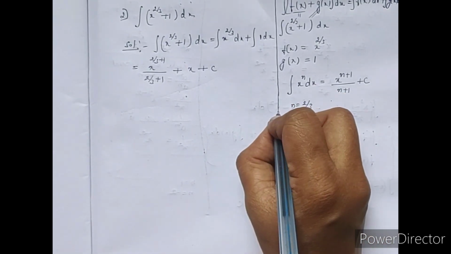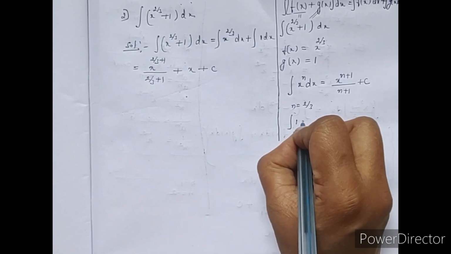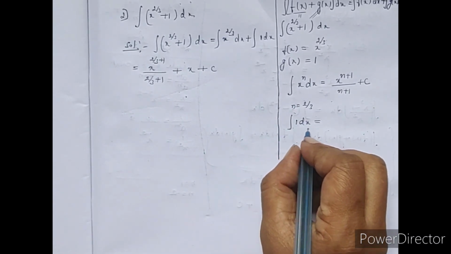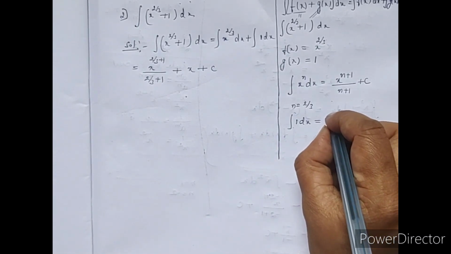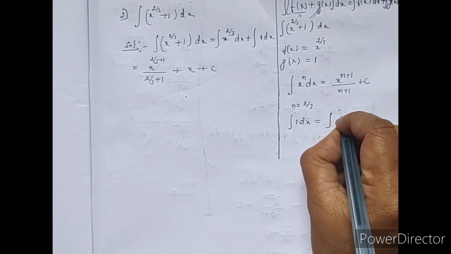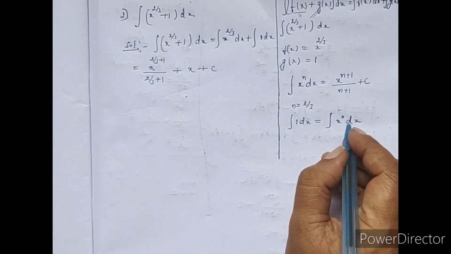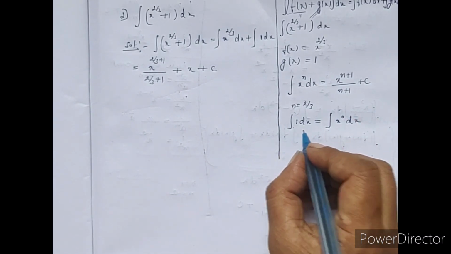Or else if we get confused with the integration of 1 dx, we can say that integration of 1 dx can also be written as integration of x to the power of 0 into dx, because x to the power of 0 is 1.